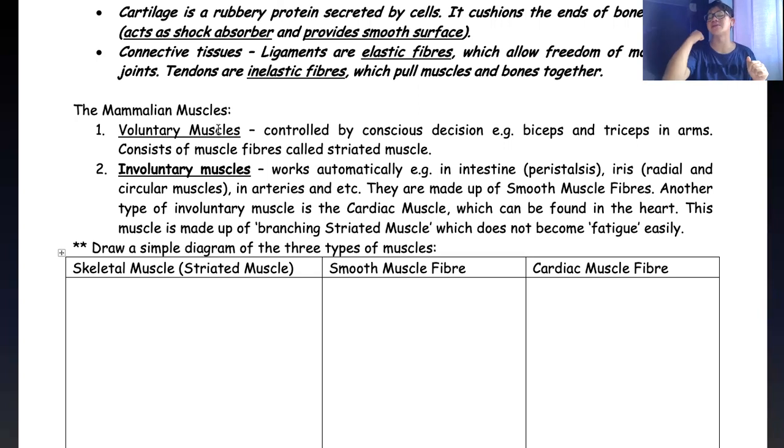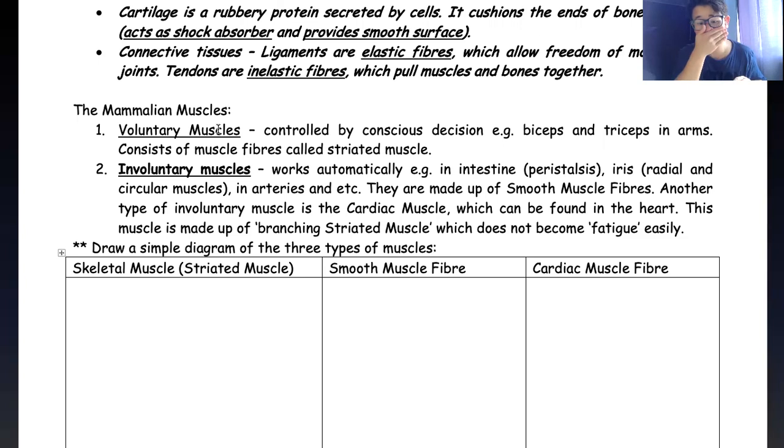So for example, your biceps and your triceps. For example, you want to curl your arm. Okay, I want to flex, right? For example, you saw your girlfriend walking and suddenly, oh, I feel strong, so you want to flex. As you make the decision that you want to flex, you make the decision that you want to contract your muscles, or relax your muscles.